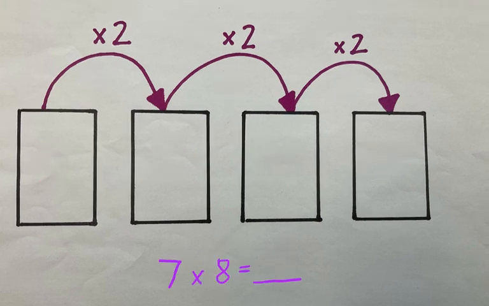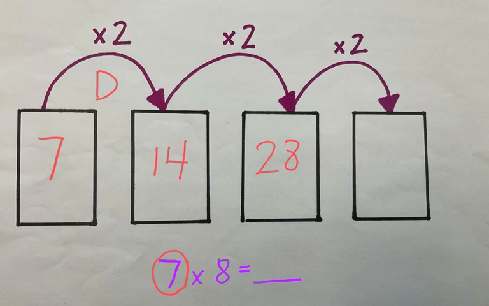Here we're going to look at 7 times 8. And since 8 is the boss, we're going to take the 7. It tells the 7, double, double, double yourself. 7 doubled is 14. That's the first double. 14 doubled is 28.